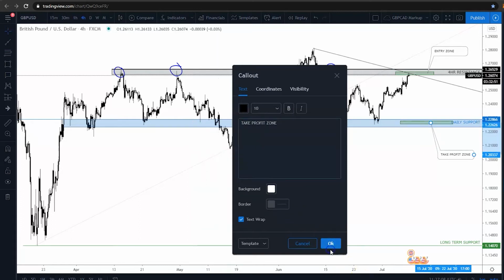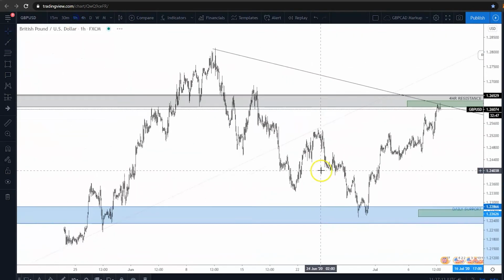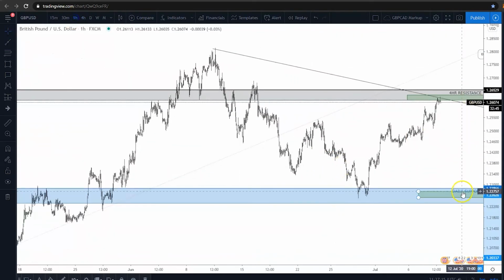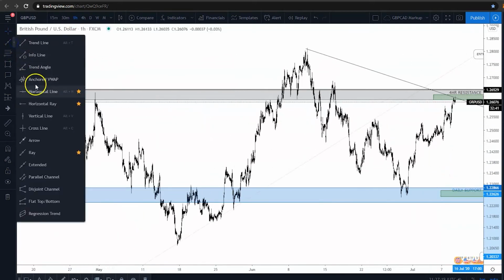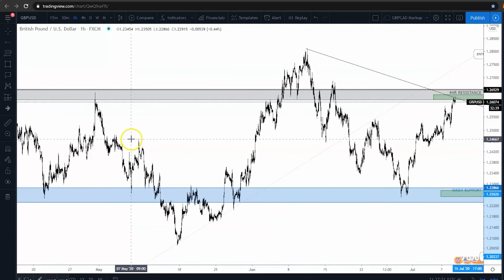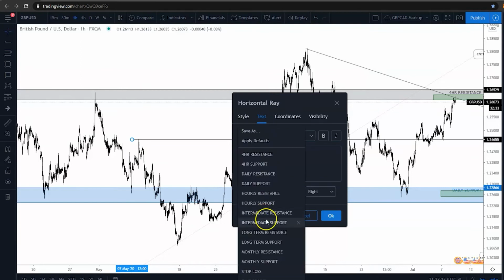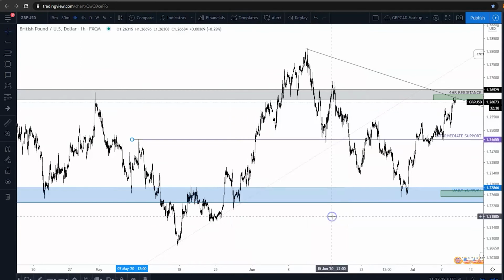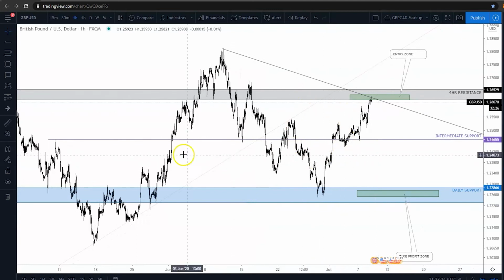Perfect. Now there's another level in between here and here that I think would be critical, and I'm going to call this intermediate support because that's the next level that's bound to change if the way I have this mapped out goes as planned.